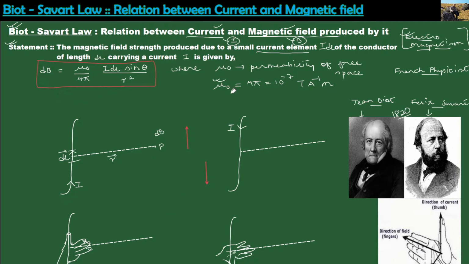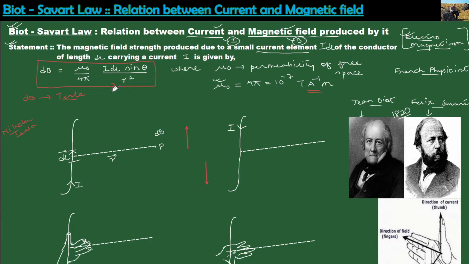We know that the SI unit of magnetic field is Tesla, in honor of one Croatian physicist by the name of Nikola Tesla. We will come into this discussion afterward. So the SI unit of magnetic field is Tesla.